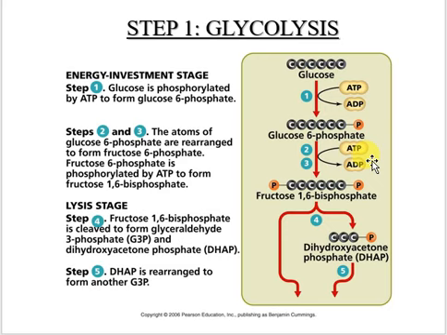And it's named aptly so because it requires the investment of energy initially. In this phase, it prepares the 6-carbon ring of glucose for separation into those 2 3-carbon sugars, which are the pyruvates. Now, again, in order to do that, energy from ATP is invested into the molecule in order to energize that separation.